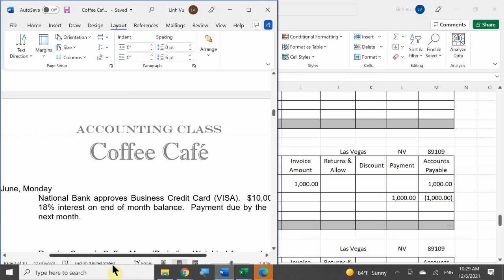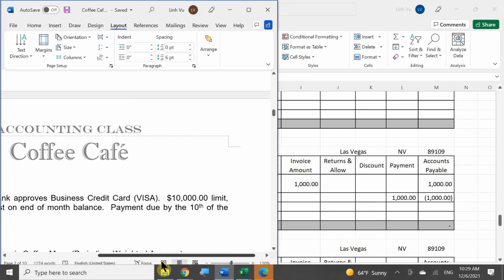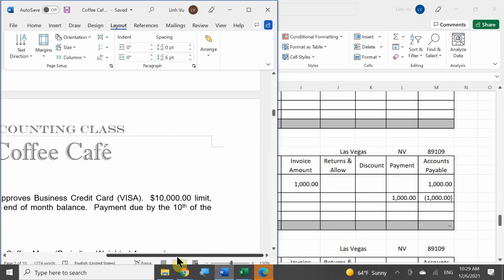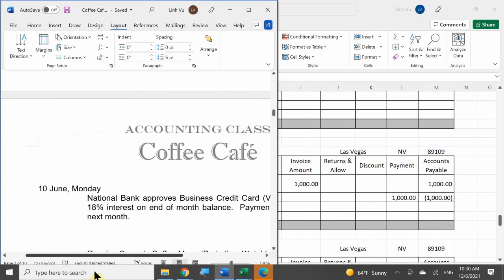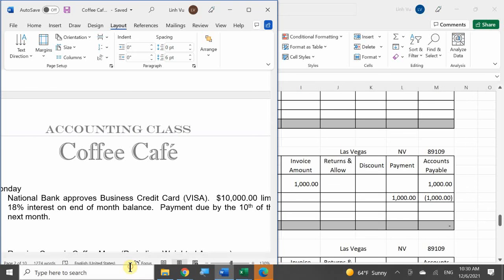Again, 18% is an annual percentage rate, so it's 18% per year, not 18% every single time you get charged interest. It's an annual percentage rate, APR. Payments are due on every 10th of the month. So once again, you received a credit limit of $10,000 with an 18% APR on overdue balances.